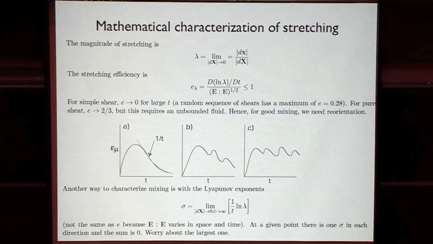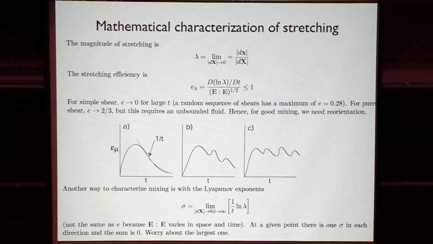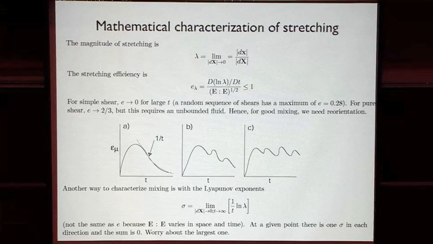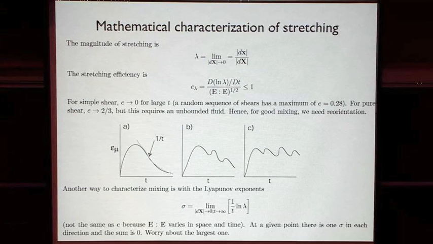So, in the real world where we live in a bounded world with a finite size, the only way to continue to stretch things exponentially is to find some way of bringing the fluid or material back to where you started, back to the origin, and then you stretch it exponentially again. Okay, and so we'll see, in fact, that in order to get good stretching and mixing, you need reorientation, or what I'll call later folding, so you can bring things back to the place where they're stretched exponentially fast again.